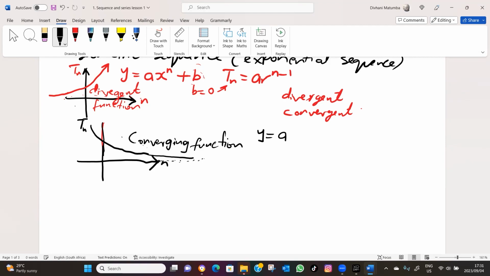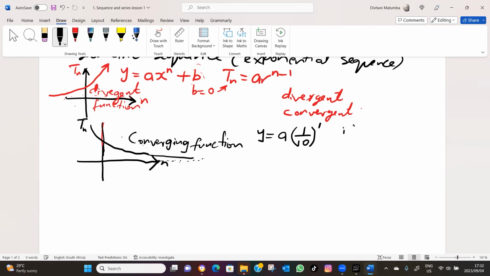A 1 over, if you increase the value of n, let's say to the power of... Now let's say the value of r is 1 over 10, and the value of a is 1.